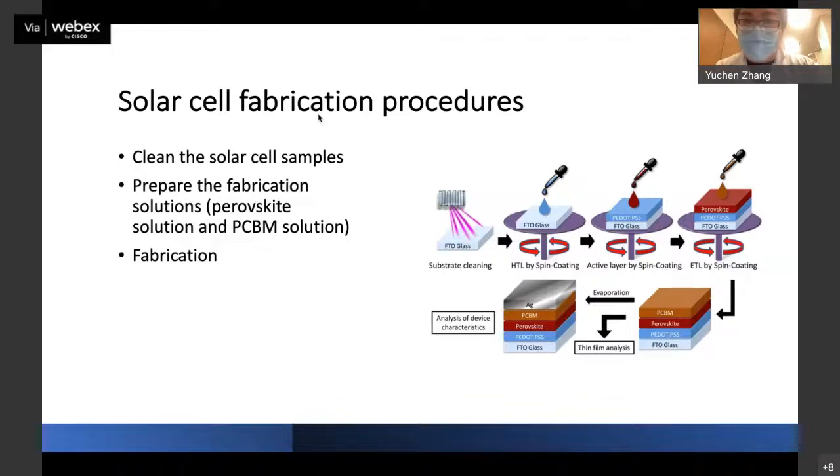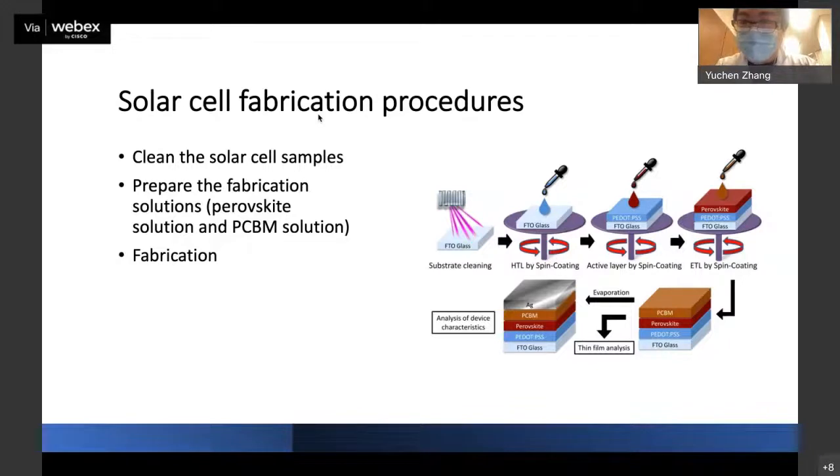Second, we need to prepare the fabrication solution earlier than the fabrication. Usually we prepare it 1 day before since it needs to be stirred on the hot plate for several hours to let the solution dissolve entirely. In the real fabrication step, we add different layers by spin coating.